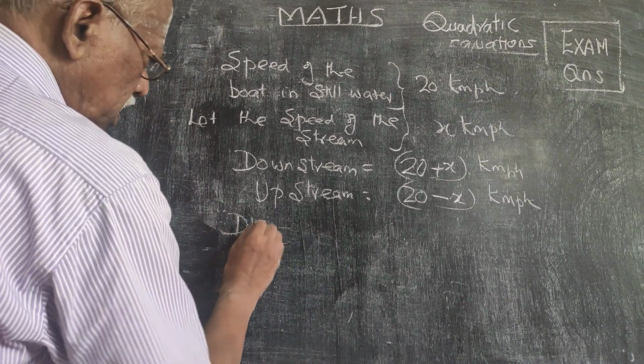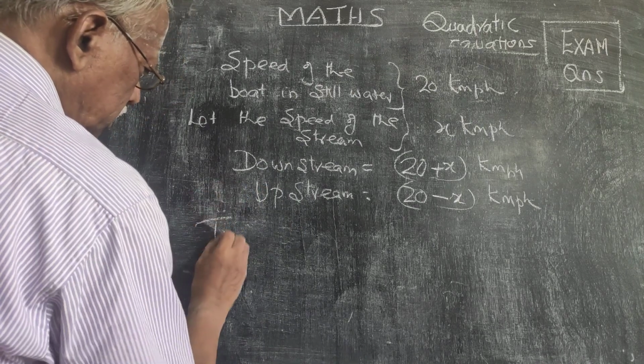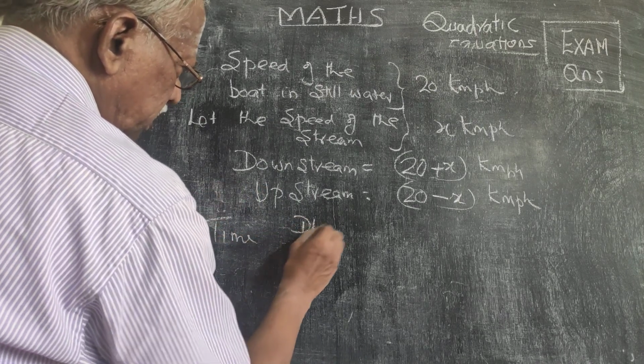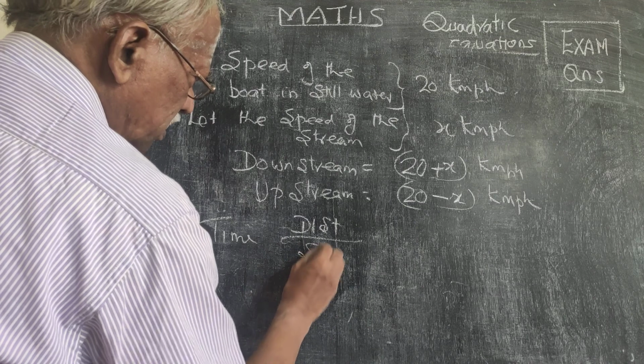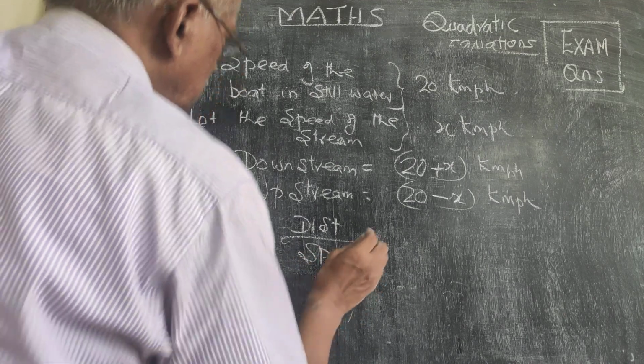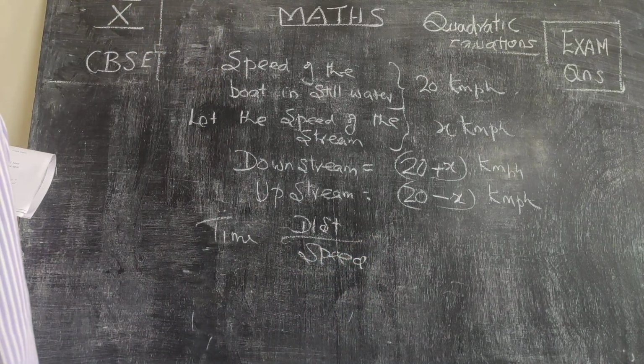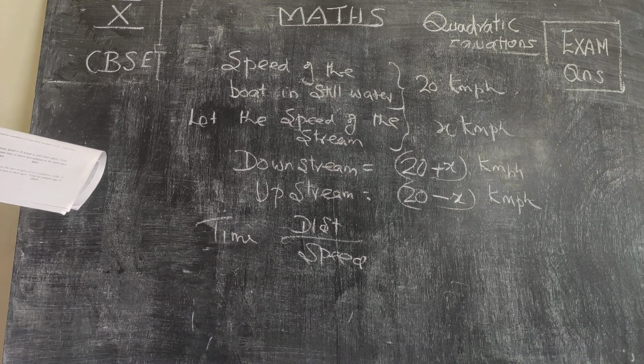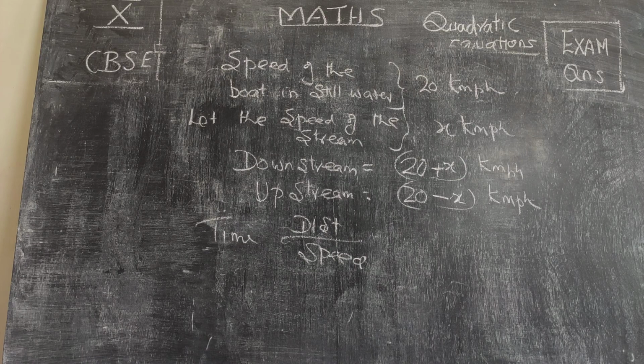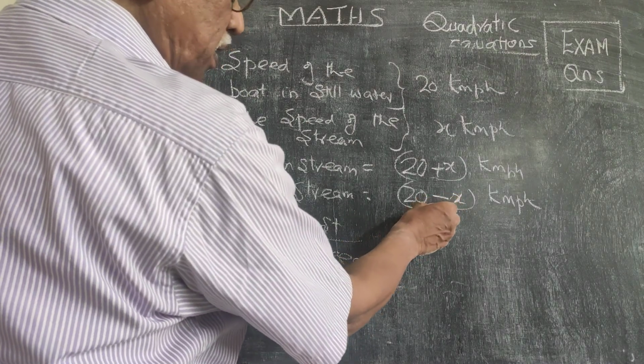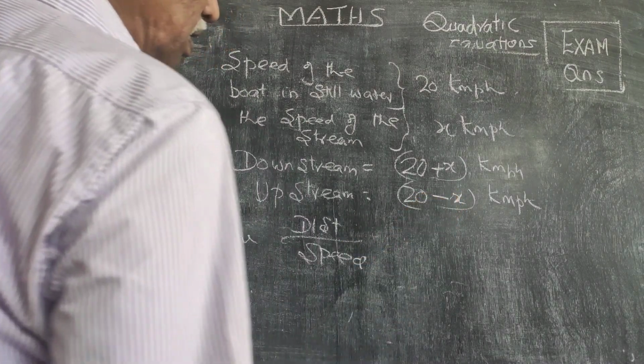We know time is equal to distance divided by speed. A motorboat whose speed is 20 kilometers per hour in still water takes 1 hour more to go upstream. For upstream, you are going with a lesser speed, therefore definitely you will be taking more time.